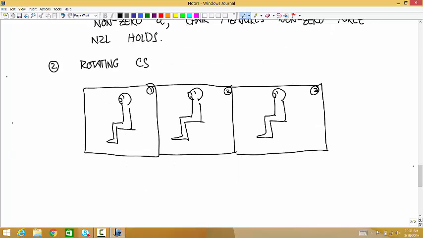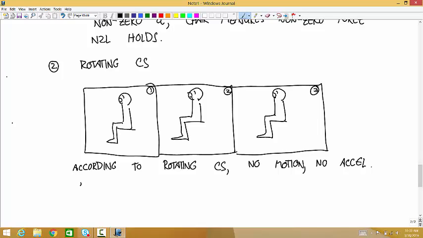So according to this coordinate system, there's no motion and no acceleration.